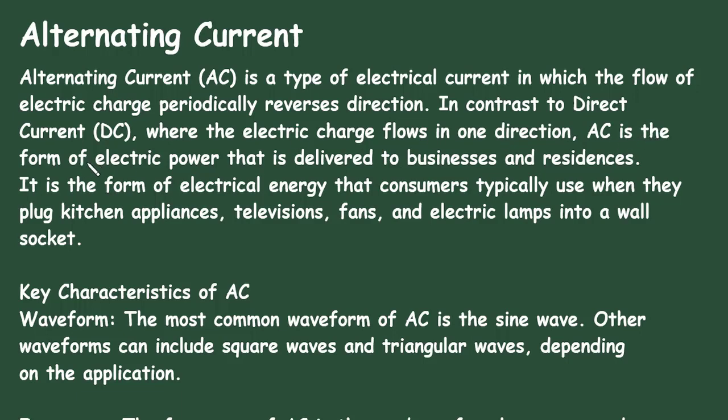AC is the form of electric power that is delivered to businesses and residences. Mostly the power used is AC. It is the form of electrical energy that consumers typically use when they plug kitchen appliances, televisions, fans, and electric lamps into a wall socket.